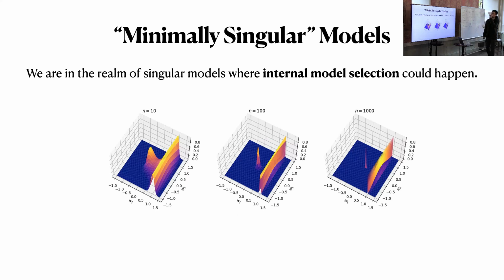Okay, so we colloquially call these minimally singular models. So we are already in the realm of singular models. If you look at the Fisher information matrix, it's going to be not positive definite. There are zero eigenvalues, but it's morally still regular. Just close your eyes on some of those, right?